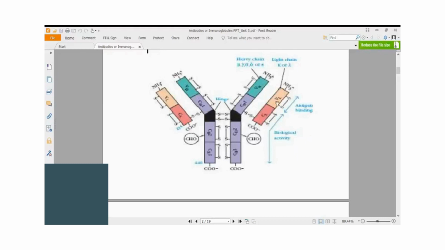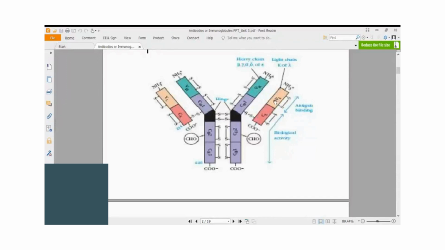Similarly, the variable region gene of the light chain is present far away from the constant region of the light chain. Variable region of the light chain is labeled as VL, constant region labeled as CL. These two recombine. The recombination of these two is somatic recombination, which takes place in the somatic cell. You have heard about recombination that takes place during meiosis.